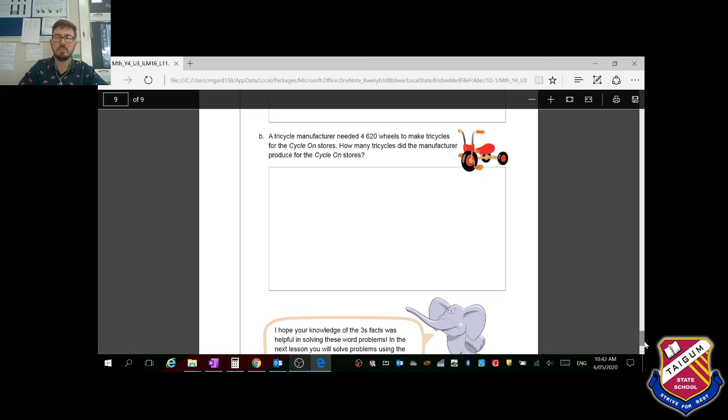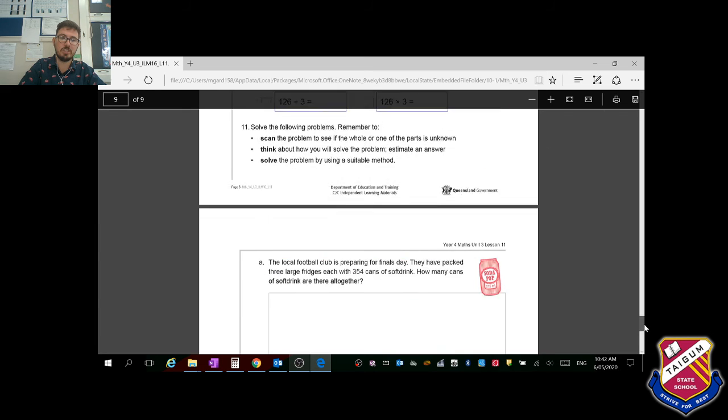How many tricycles did the manufacturer produce for the cycle-on stores? Okay, so they've got 4,620 wheels. How many tricycles are they going to make from all those wheels? Remembering that a tricycle has 3 wheels. Give those 2 problem-solving questions a go.